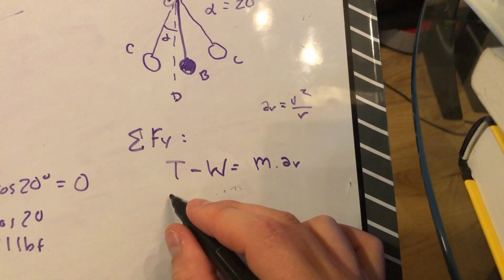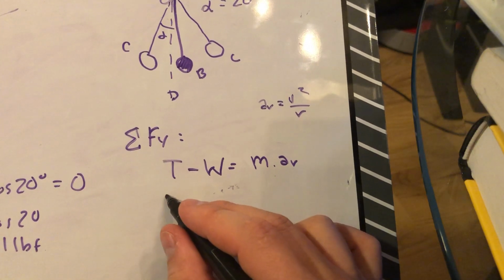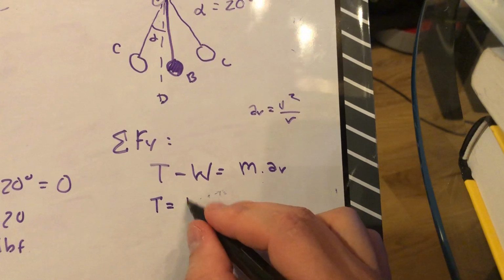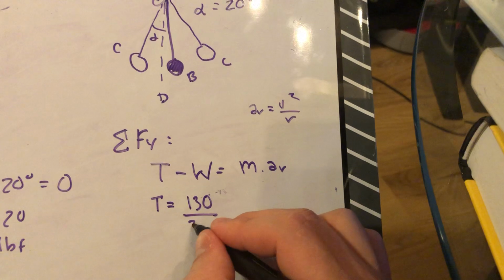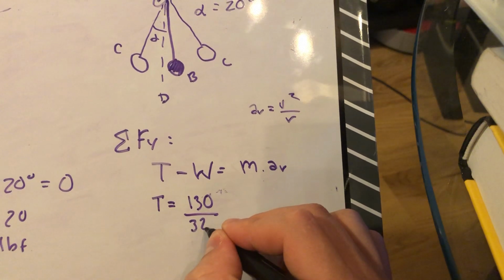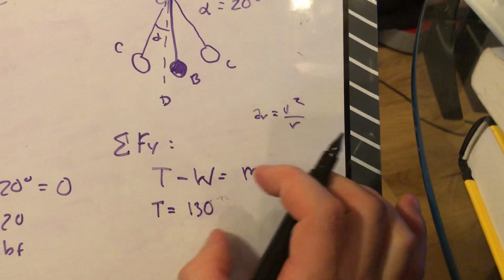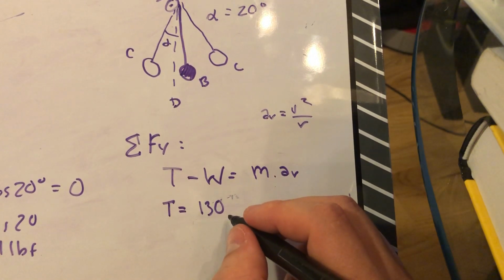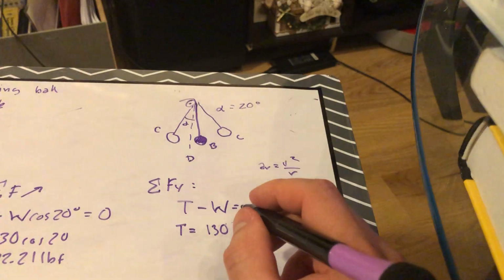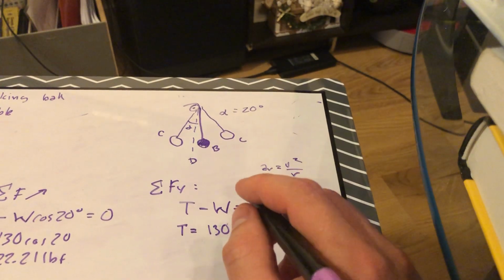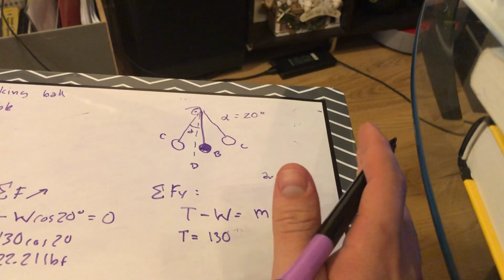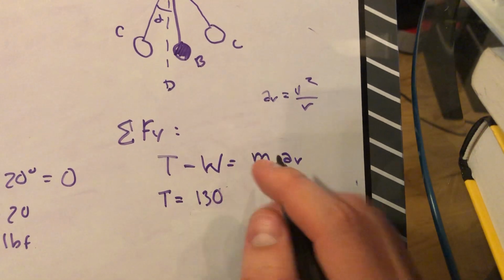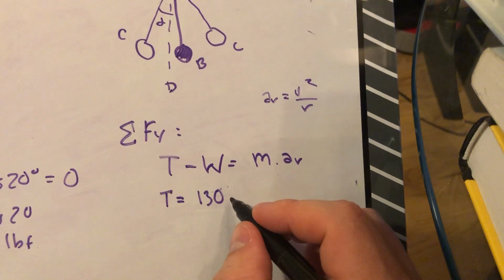Tension is going to be equal to 130 pounds divided by 32.2. Or no, I don't think we need 32.2 because we're going pound force. This pound force and pound mass stuff, it's just like, is it a 32 weight? It should be a pound force, not a pound mass.